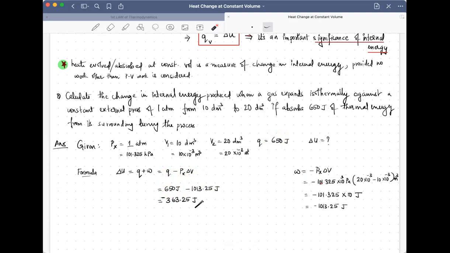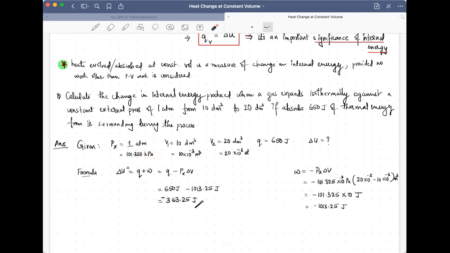As you can see here, W is equal to minus Pex delta V. Now, Pex is given as 1 atmosphere. 1 atmosphere is not an SI unit, so we have to convert it into Pascal, the SI unit, which is basically Newton per meter squared. 1 atmosphere is equal to 101.325 kilopascal.